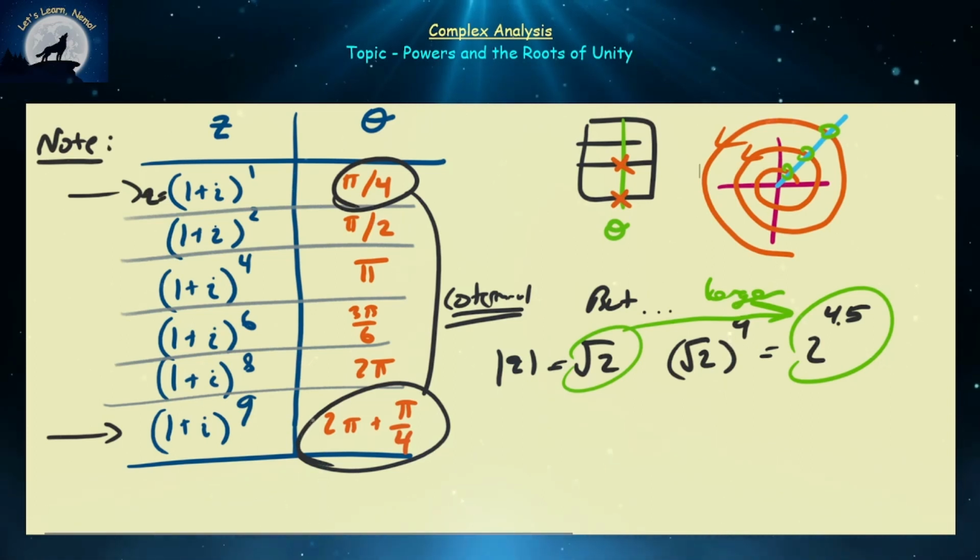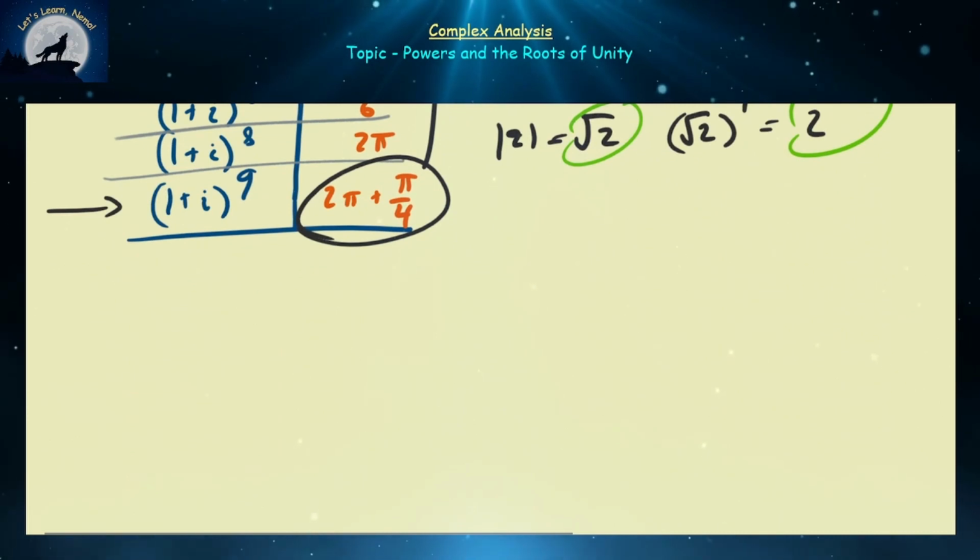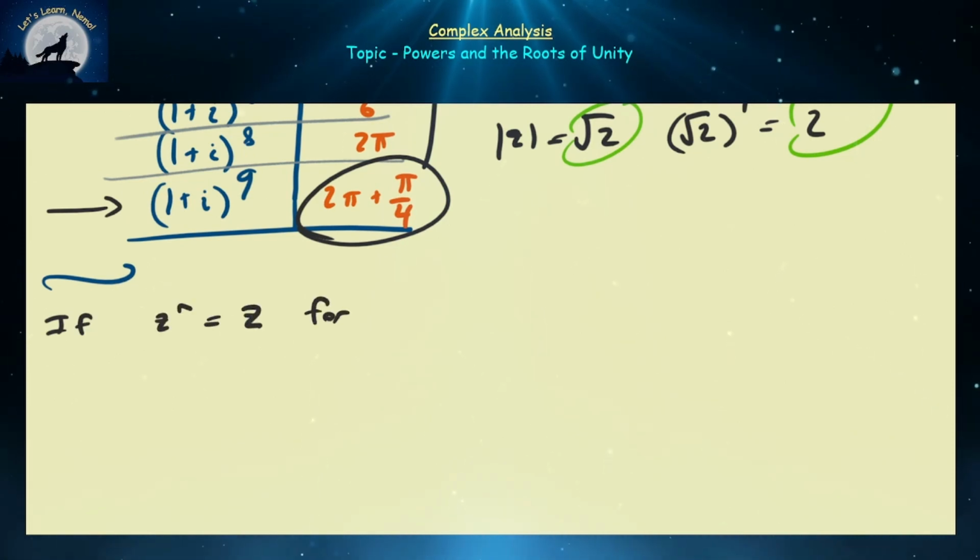So now that we understand a little bit about what powers actually do to complex numbers, one, it potentially changes their angle, and another, it potentially changes their magnitude, let's look at a couple other subtle pieces of information. So let's assume z to the n is equal to z for some number n and z.